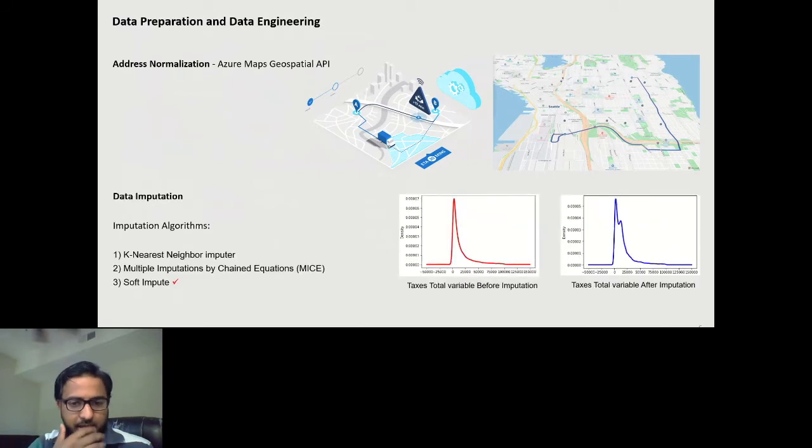Apart from that, just a couple of examples: I do some data imputation because there are a lot of null values, missing values. I use different algorithms and try to come up with a proxy number for those features which I think might be important for our model.